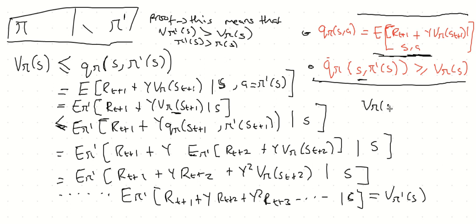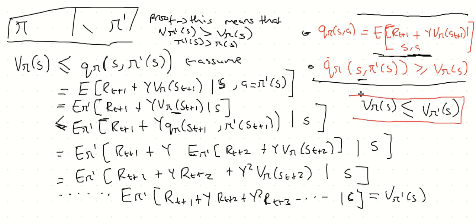v pi of s should be less than or equal to v pi prime of s, if this holds, if we assume this. So this is the first thing that we assumed. So if we assume this, then this holds, essentially. And we know that this is actually applying to all states.